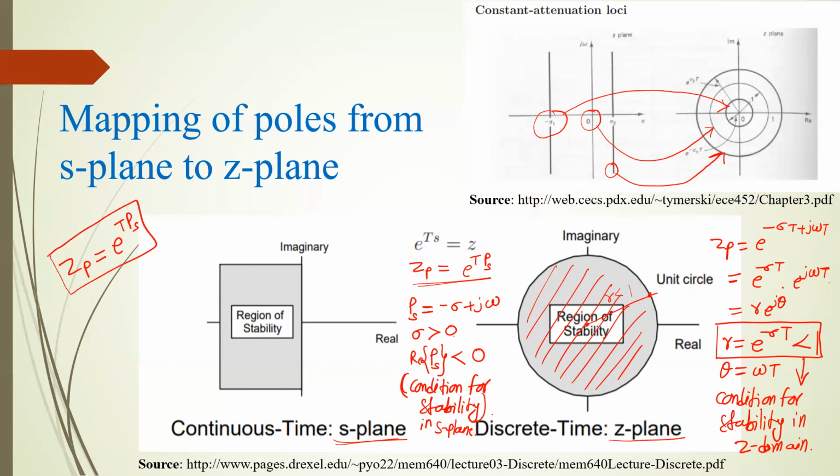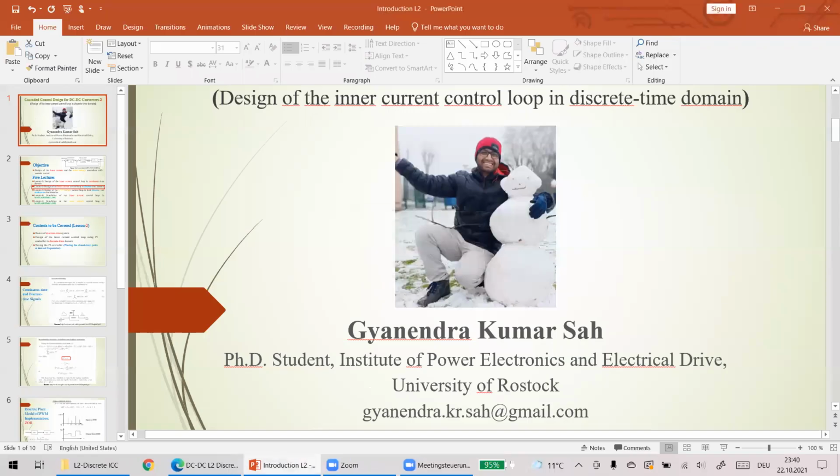This is a general expression for placing your pole at this location, and we will use it for tuning our PI controller later in this video. Okay, so let's move forward.